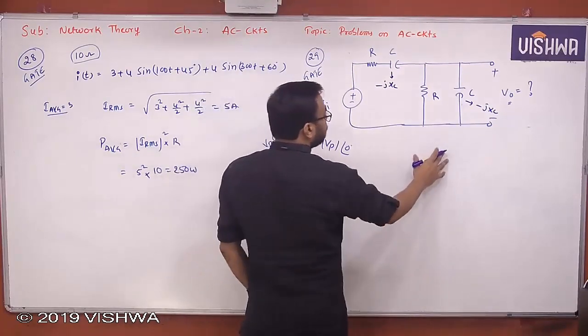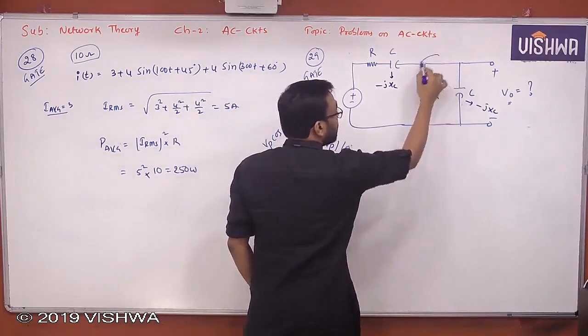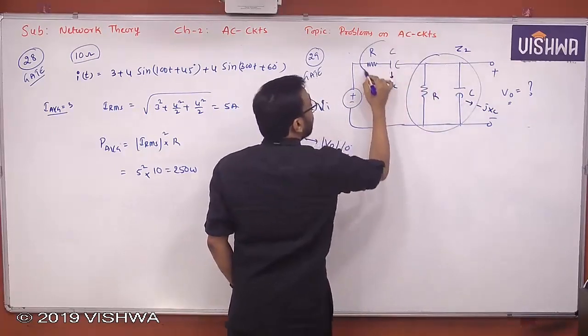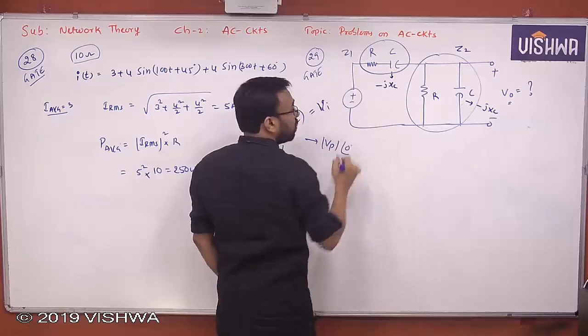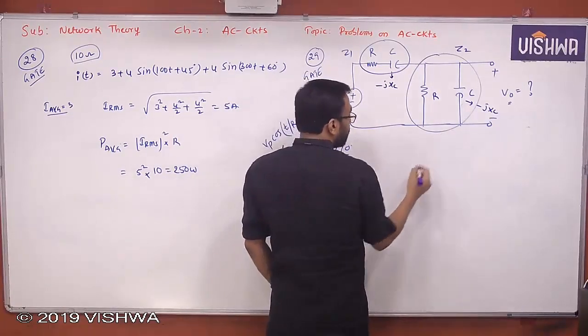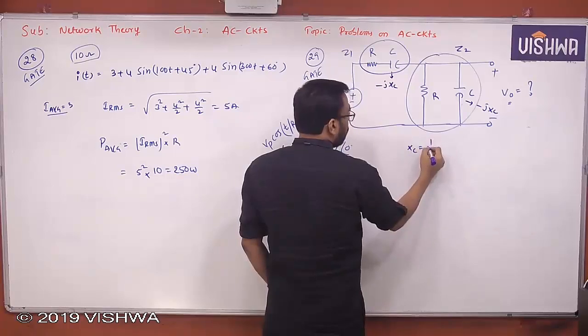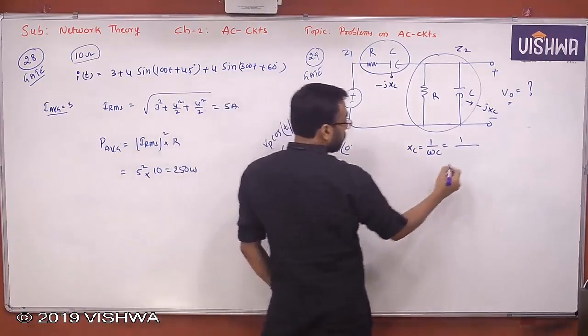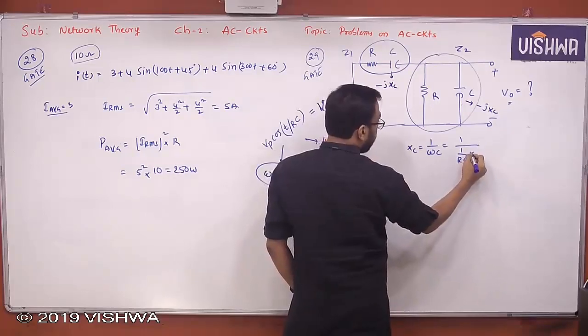Now coming to here, can I say this is Z2? Can I say this is Z1? Yes or no? Z2 and Z1. Now see here, minus jXc. What is Xc? 1 by omega C. What is omega? 1 by RC. Yes or no? 1 by RC into what?